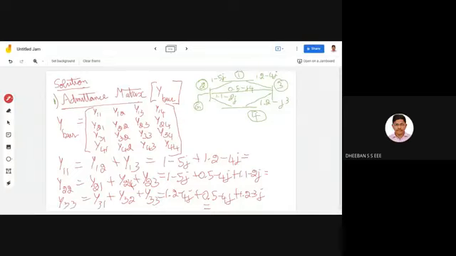Can anybody say the value of your Y11? 2.2 minus 9j. Right, 2.2 minus 9j. And for your Y22, 2.6 minus 11j. Yeah, 2.6 minus 11j. Y33, 2.9 minus 11j, sir. 2.9 minus 11j.